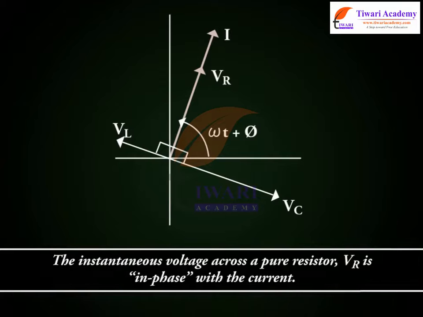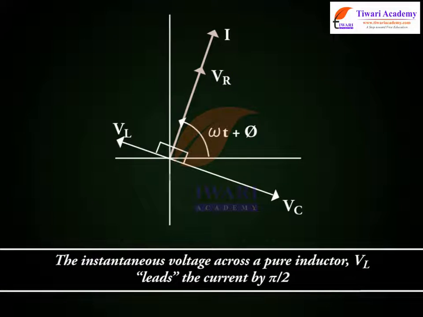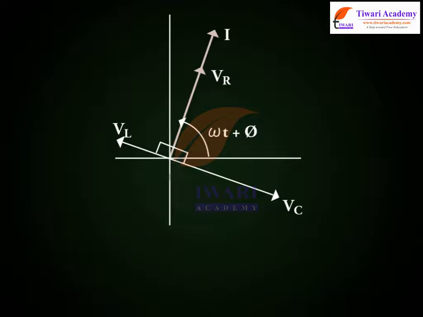The instantaneous voltage across a pure resistor, VR, is in phase with the current. The instantaneous voltage across a pure inductor, VL, leads the current by pi by 2. The instantaneous voltage across a pure capacitor, VC, lags the current by pi by 2.